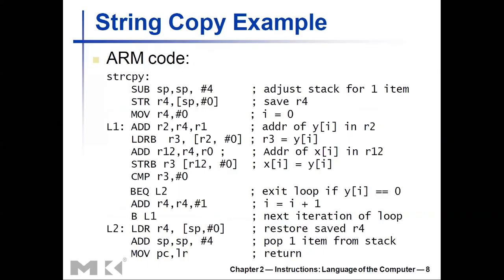So this is the compiled ARM code for the previous C code. Since this is going to be implemented as a function, we have this strcpy label, and then we are going to use the R4 register, right? Can you remember the conventions we had? If we are going to use R4 to R11 registers, we have to preserve them in the stack.